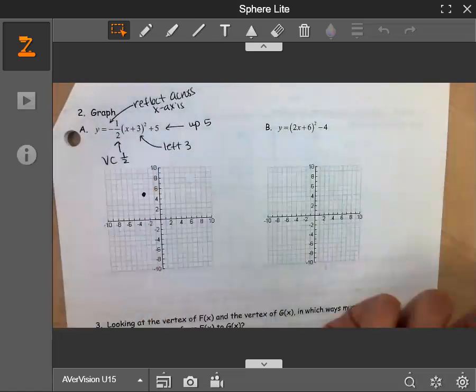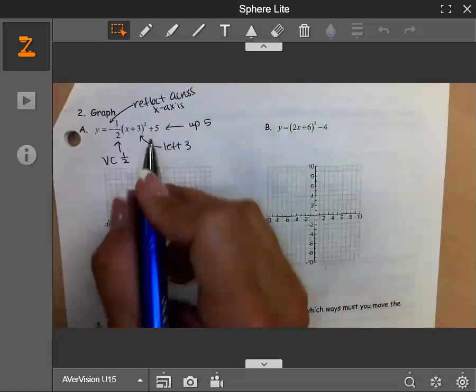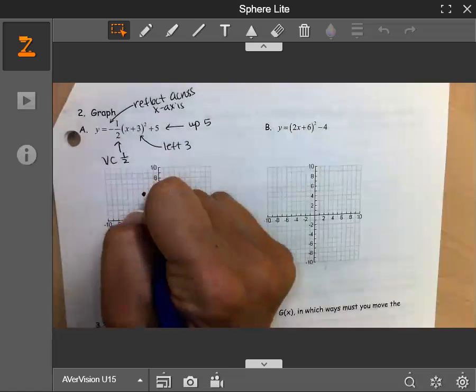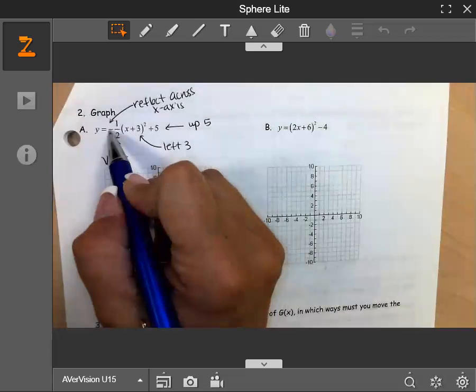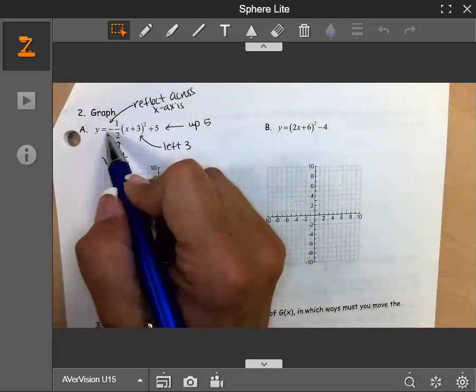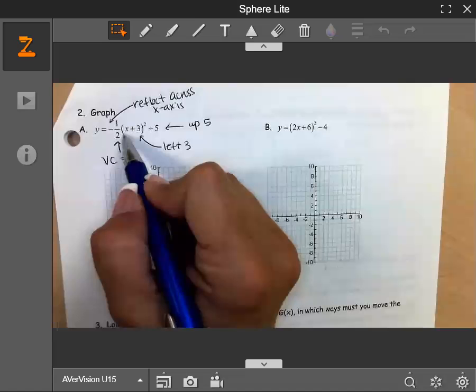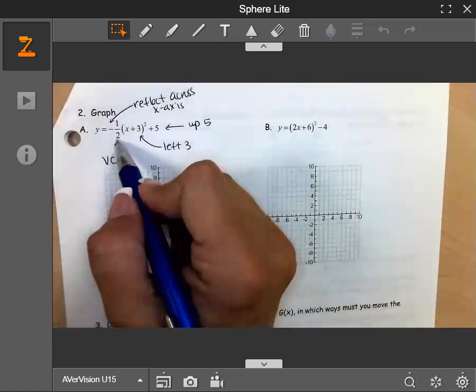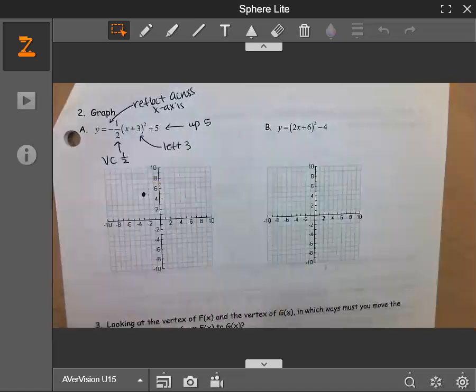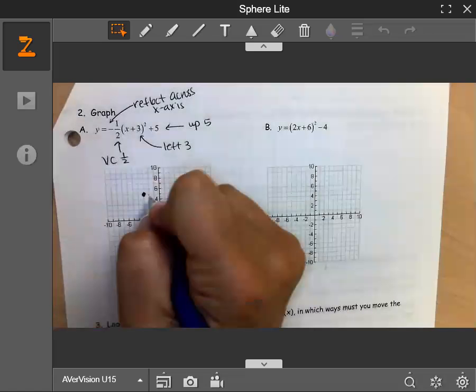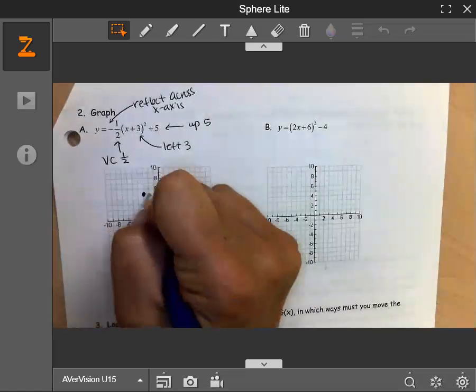Now for our next point, the next point over should go over 1 and up 1. But because we have a reflection across the x, we know it's going to go downward instead of upward. And then instead of going a full unit, it's going to go 1/2 because 1 times 1/2 is 1/2. So we would go to the right 1 and down 1/2.